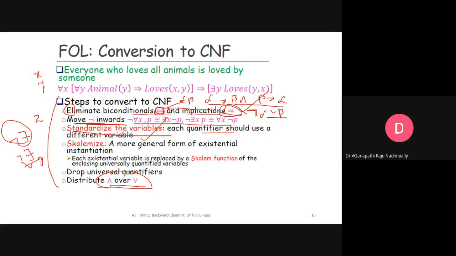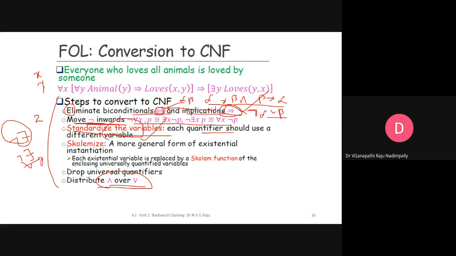Last class, I told you about king of x and greedy of x. There, if I refer with the same variable, then we have a problem. It is not giving us the unification rule. So we represent the second variable as y. That is called standardizing the variables.